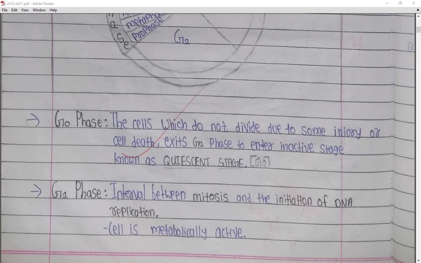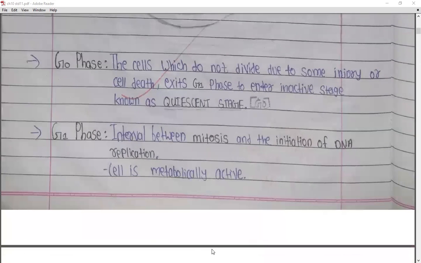So it enters into a phase known as the G0 phase, also called the quiescent stage. So whatever cells are injured or dead, they all enter into the G0 phase, right?